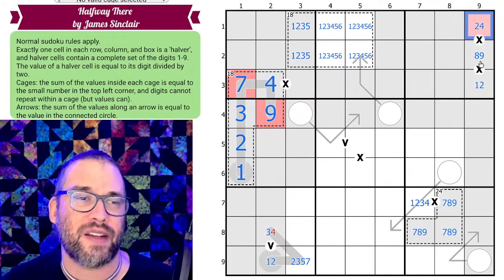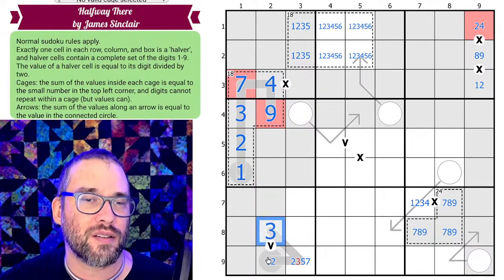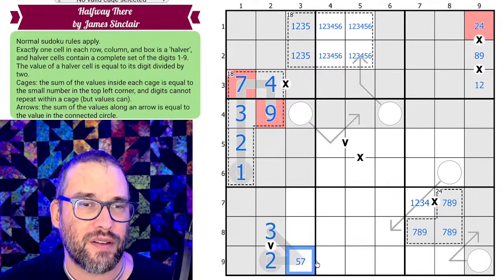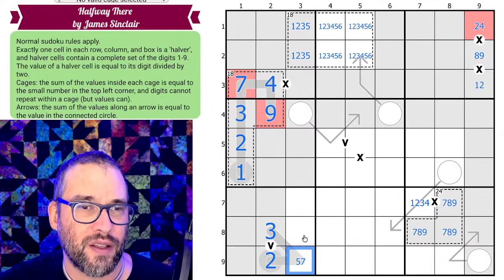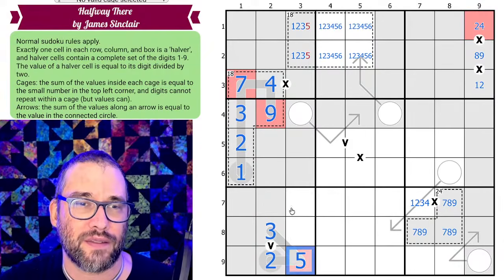So that's not 8. Ah, perfect, perfect. Now this has to be exactly a halved 5.